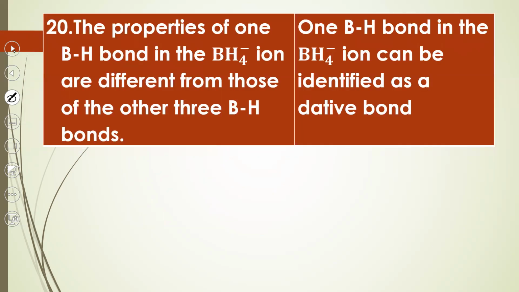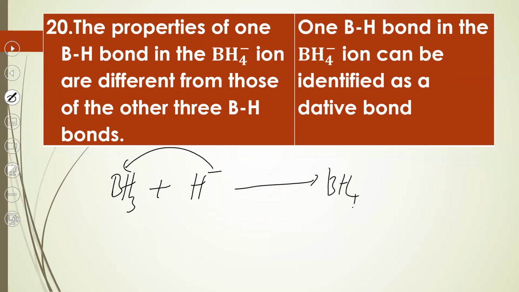The last one is an important thing. Try to remember the properties of one BH bond. PH3, when it reacts with boron, forms BH4 minus.